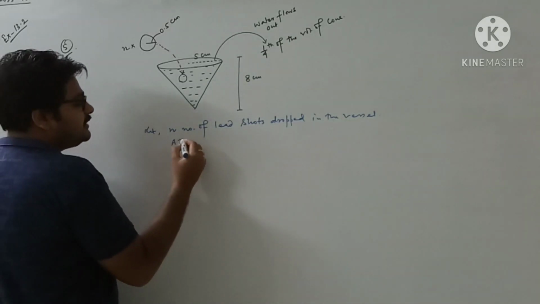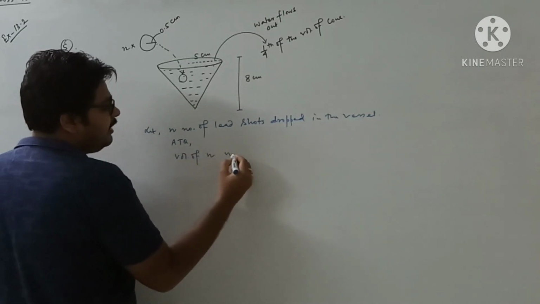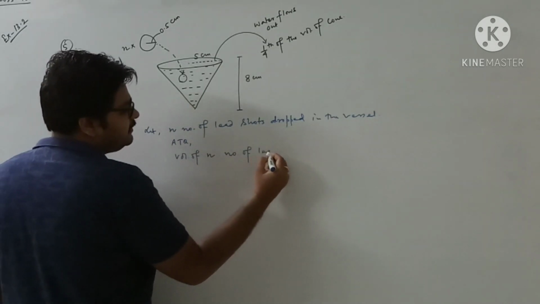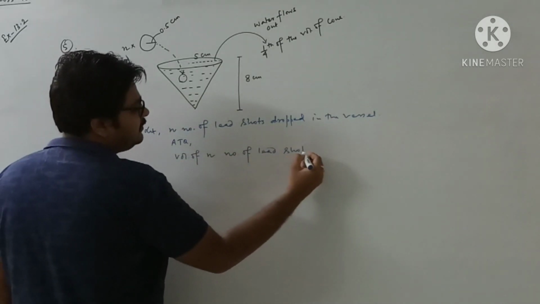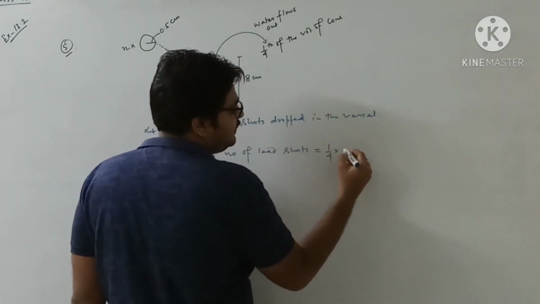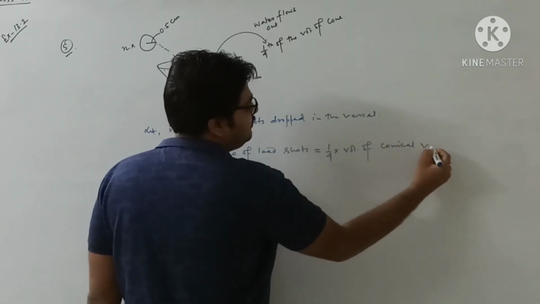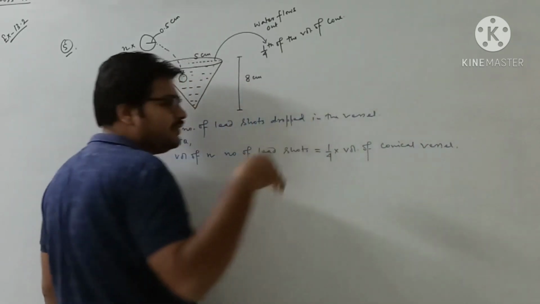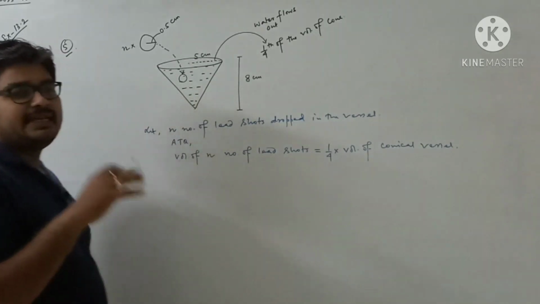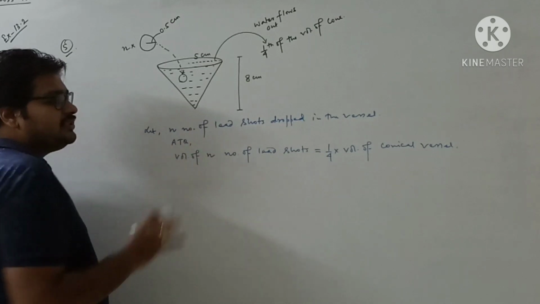Now according to the question, volume of n number of lead shots is equal to 1/4 into volume of the conical vessel, because 1/4 of the water came out due to the dropping of n number of lead shots.